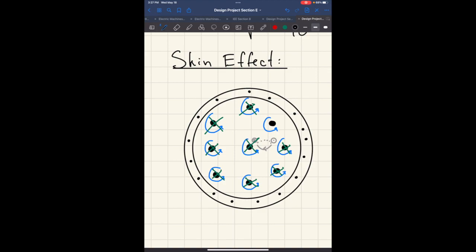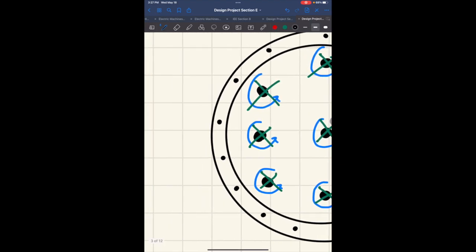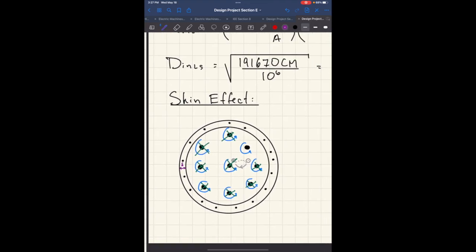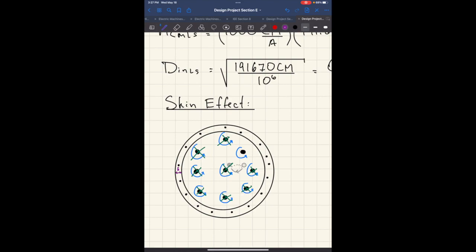If we want a conductor of this size, we want it to be able to send as much current as possible. So this thickness right here, this thickness, through which current will actually flow is called the skin depth.